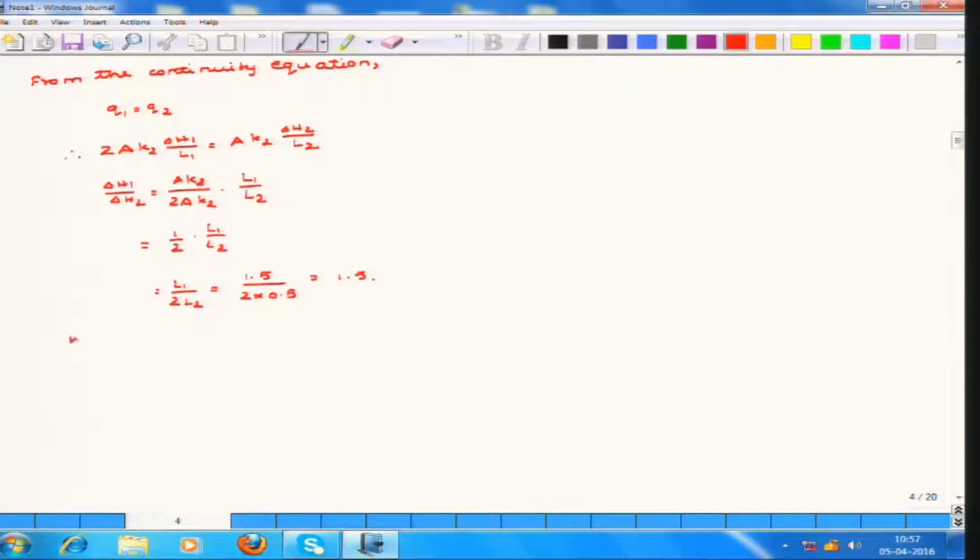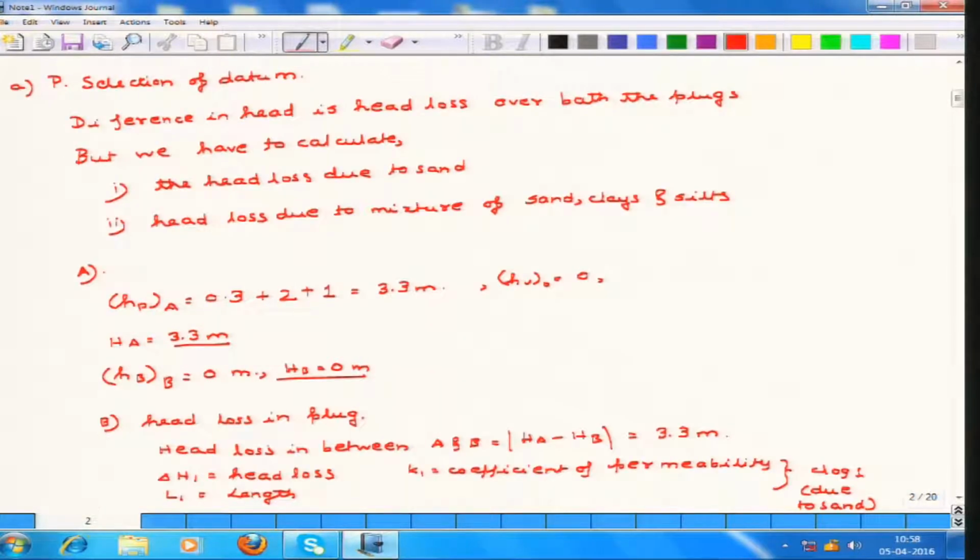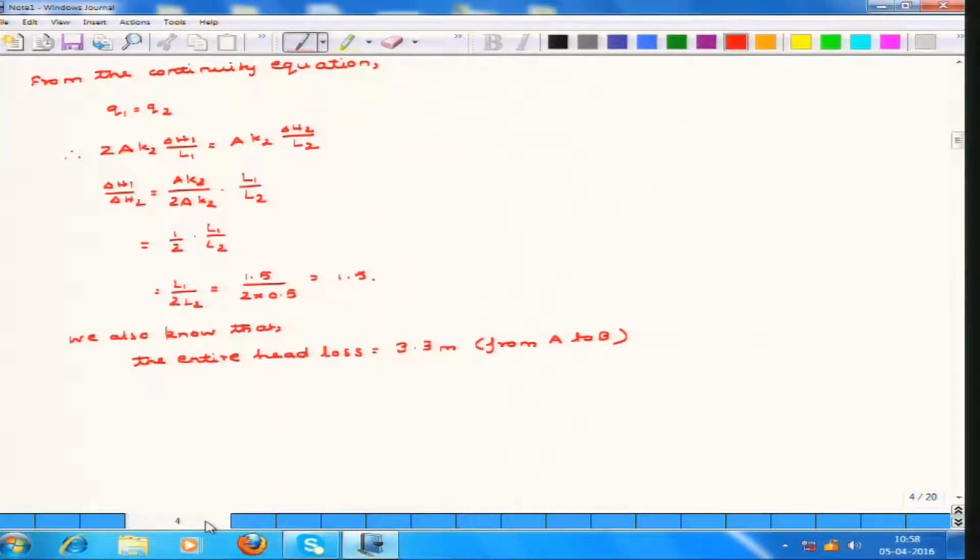Now, we also know that the entire head loss is equivalent to 3.3 meter from A to B. As we found out previously, the entire head loss is 3.3 meter, and the head at B is 0 meter.